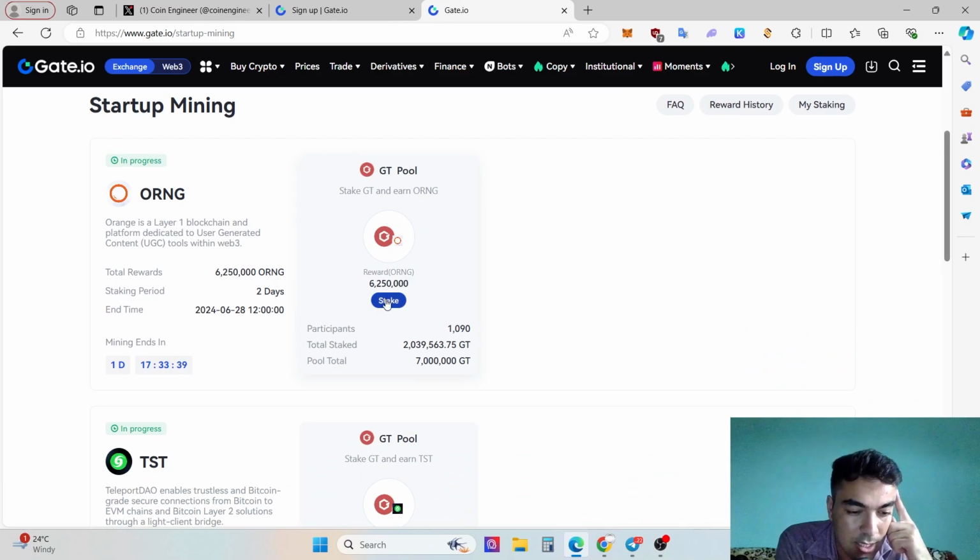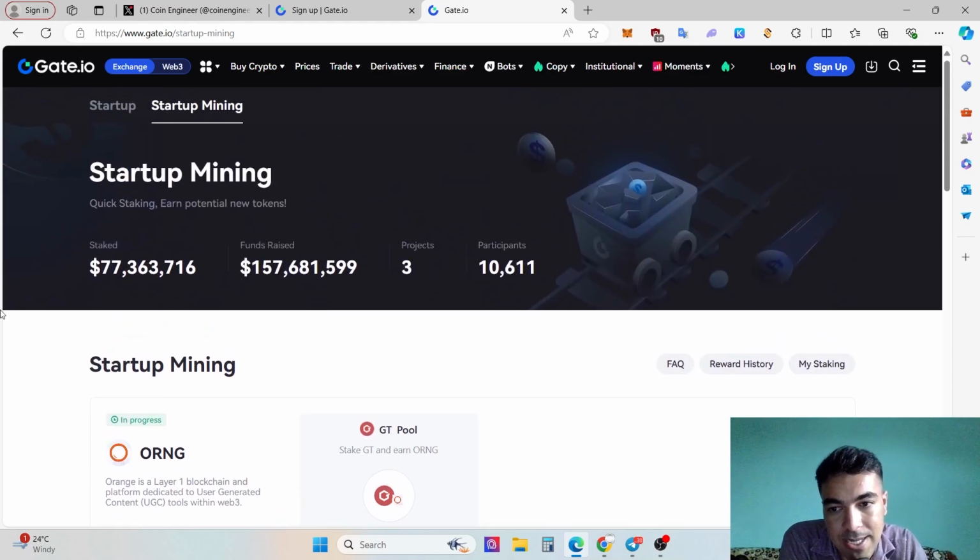The logic is the same as the OKX Jumpstart and the Binance Launch Pool. That's the native currency of gate.io, the GT token. Stake, and if you are holding GT token, you can get a passive income from the startup mining site.